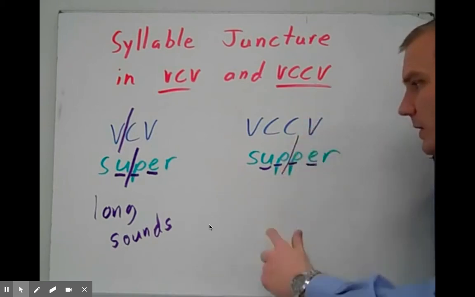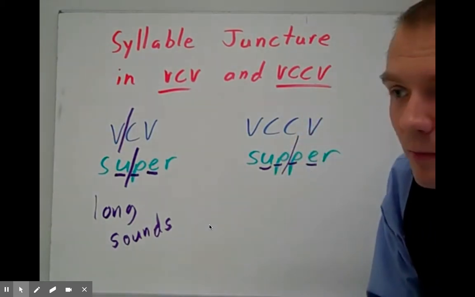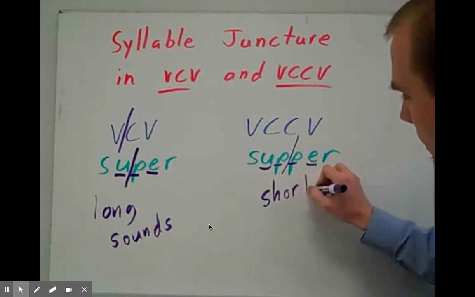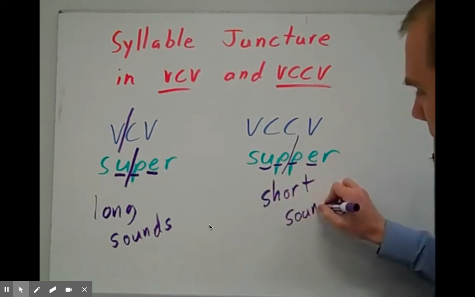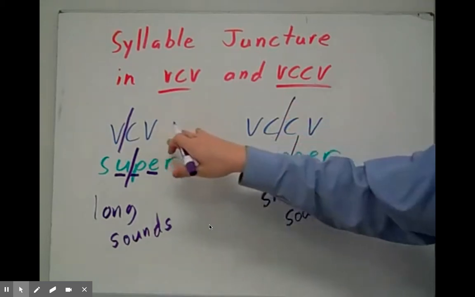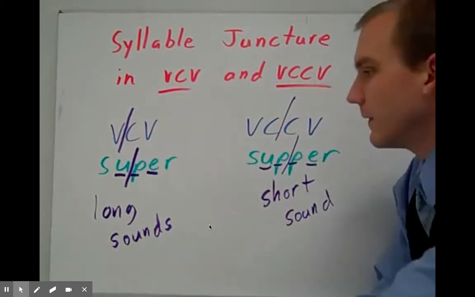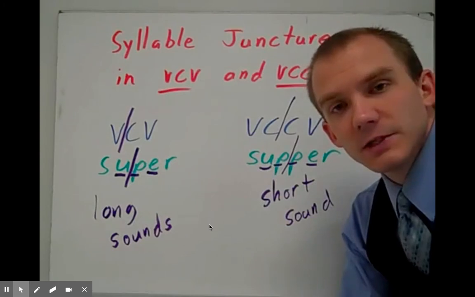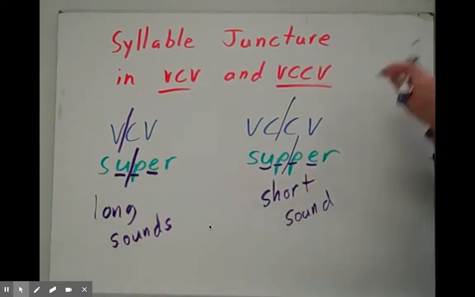But listen again, supper, supper. In this case, you have a short sound. VCCV has short sounds, VCV has long sounds, and these are what we're going to call open syllables. That first syllable ends in a long vowel sound, so it's considered an open first syllable.